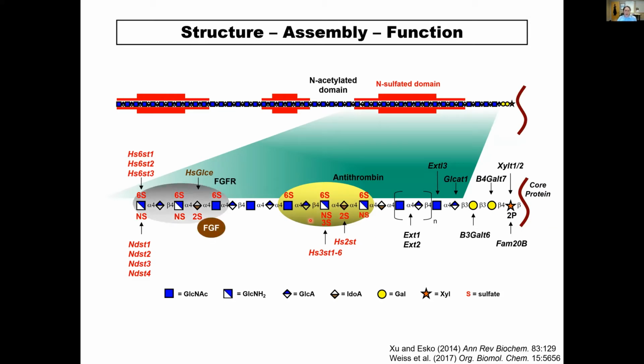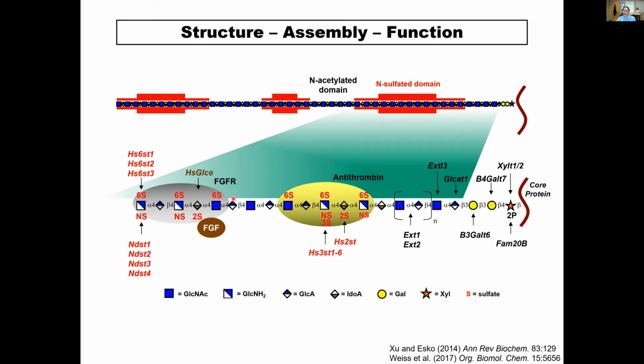There's also other factors such as fibroblast growth factors, as well as other growth factors that instead of binding to specific sequences of heparan sulfate, more recognize certain sulfation patterns. So for instance, FGF2, which is one fibroblast growth factor, interacts with the N and 2 sulfated residues of heparan sulfate.